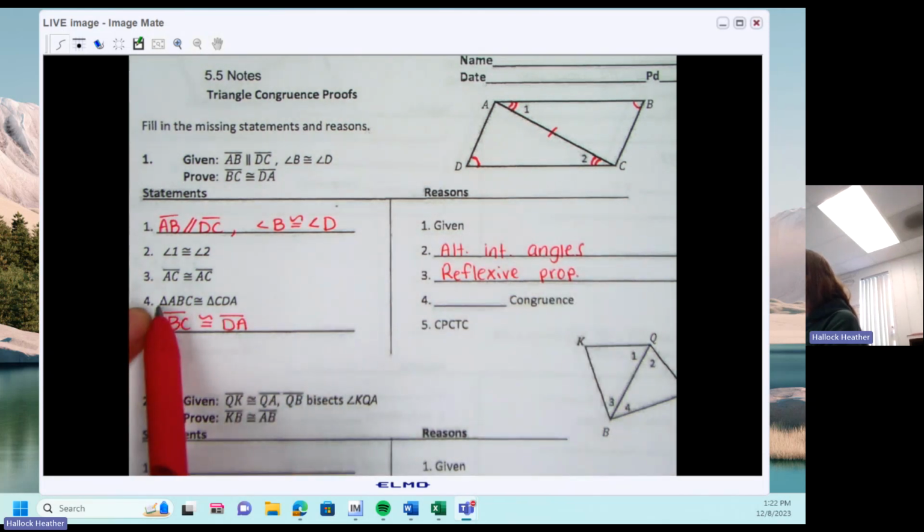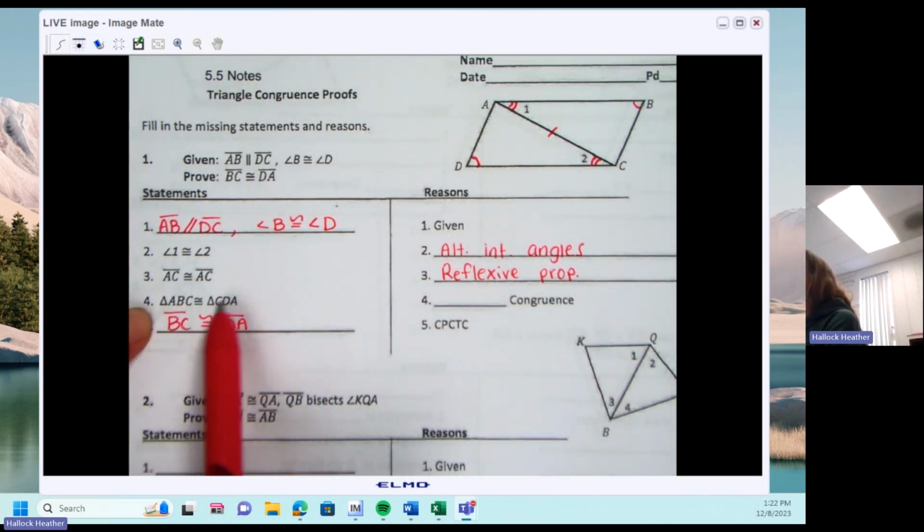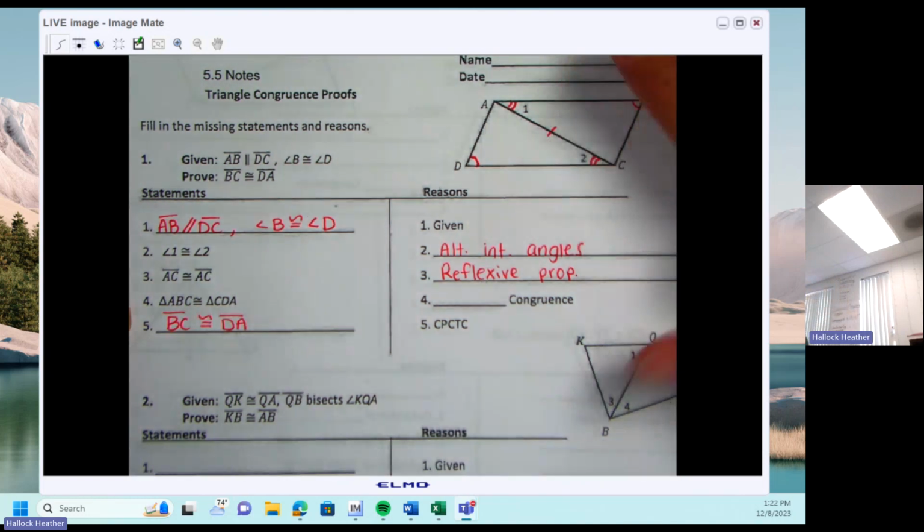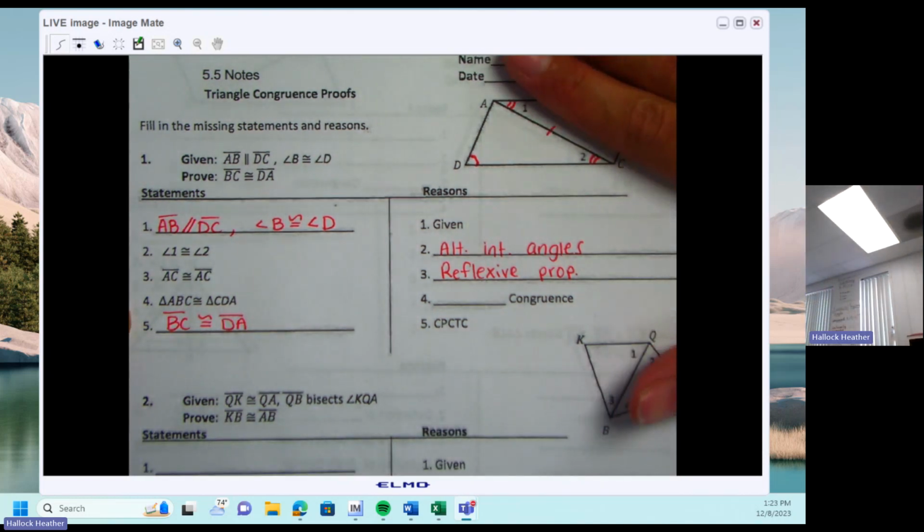And now notice I have a triangle is congruent to a triangle. This is where these 5 theorems, AAS, hypotenuse leg, side side side, all that jazz is going to come into play. So if I'm saying ABC is congruent to triangle CDA, by what congruence theorem could I say? If I cover up one of these triangles, what do I got? AAS.